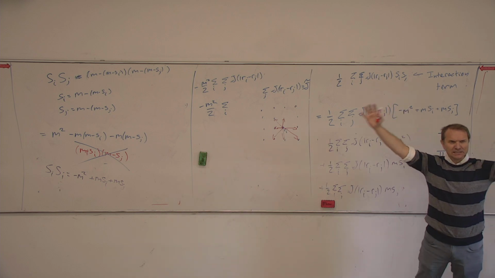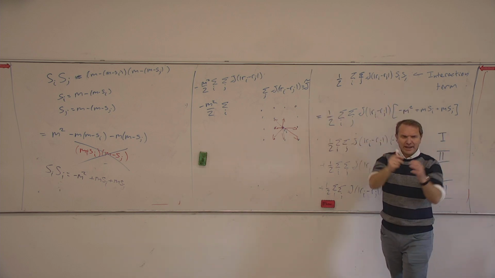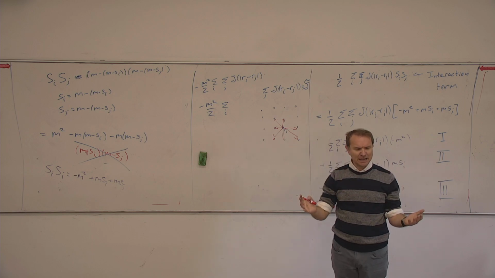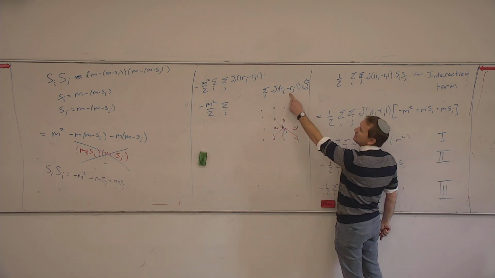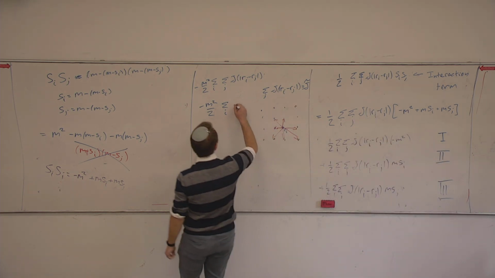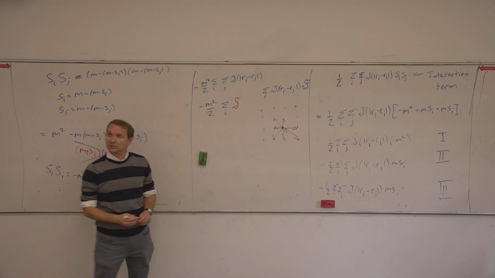Because my lattice is enormous and every spin, every point on the lattice, sees exactly the same environment, this guy is independent of I. Okay? So I have here a sum over I of J tilde, which is a constant.